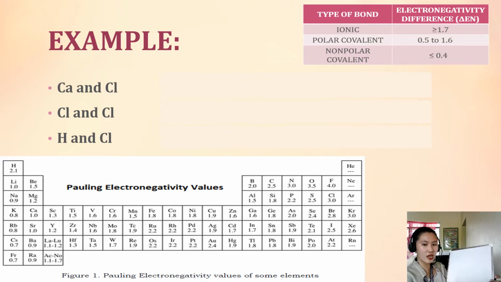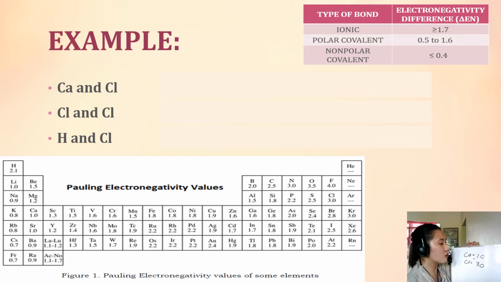So first, we have calcium. Calcium has an electronegativity value of 1.0. Okay, next is Cl. Chlorine has an electronegativity value of 3.0.